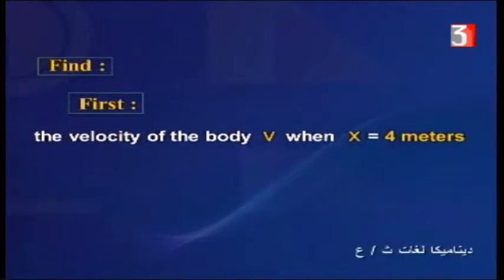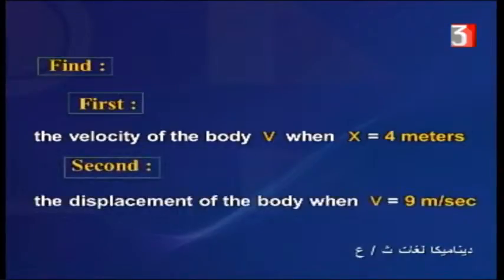Find first the velocity of the body V when x equals 4 meters. Second, the displacement of the body when V equals 9 meters per second.